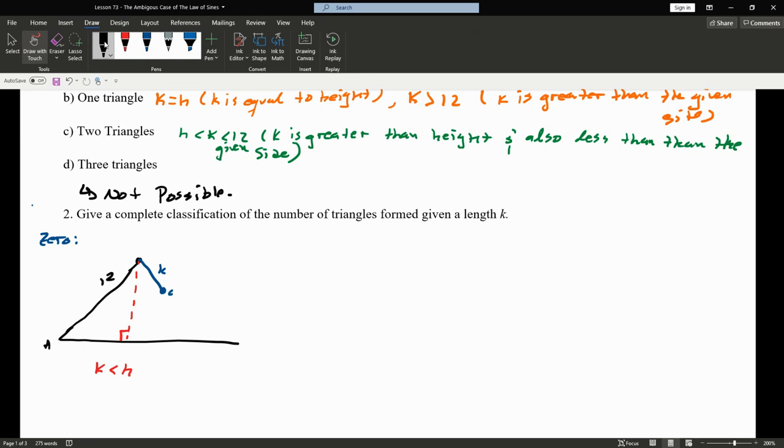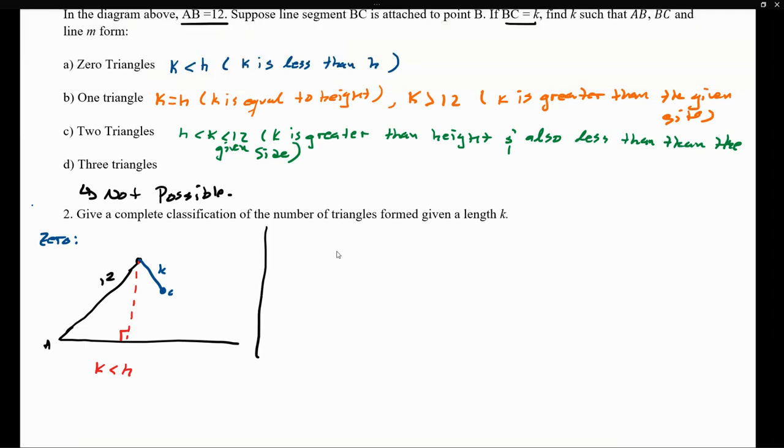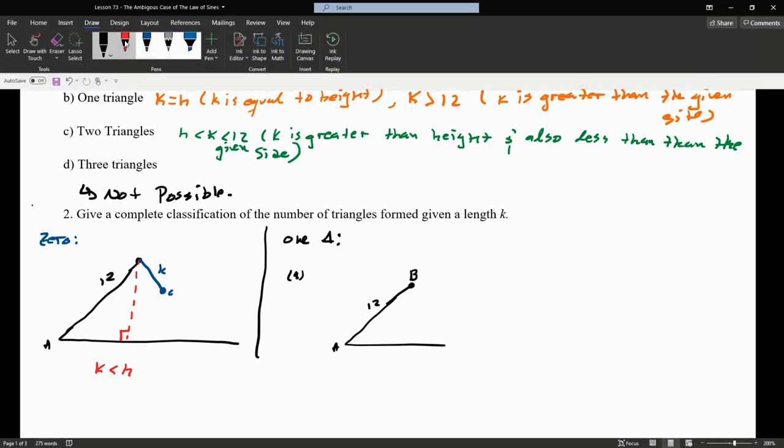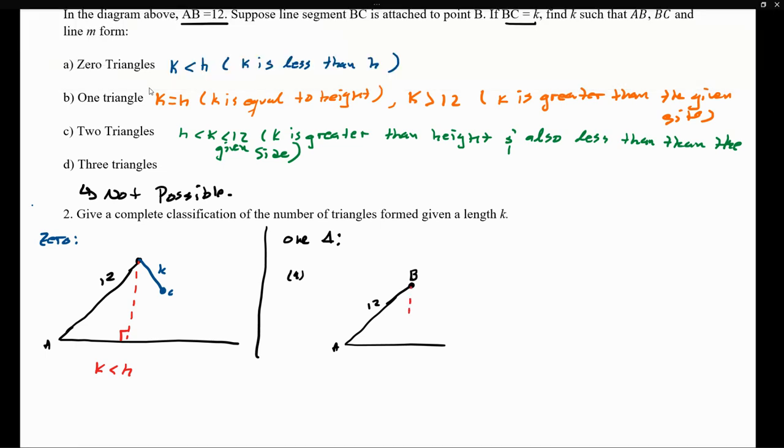We also stated that there were situations where we could have created just one triangle, and that there were two possible ways to go about it. Let's define the height again.